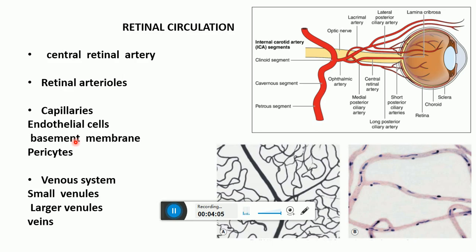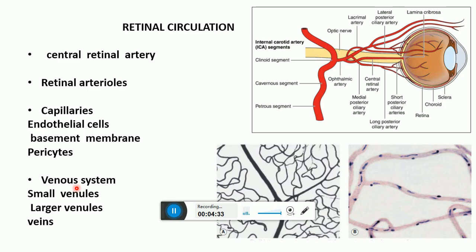The pericyte lies external to the endothelial cells. They have multiple pseudopodial processes that envelop the capillaries. Pericytes have contractile properties and are thought to participate in autoregulation of the microvascular circulation.